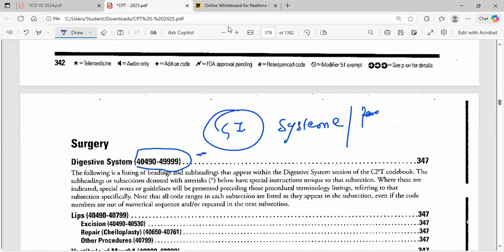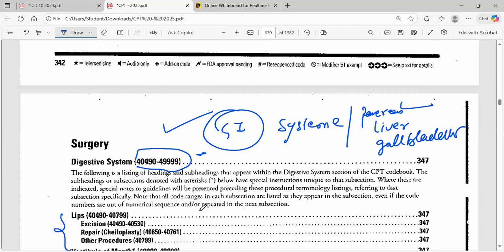So if any procedure is performed on the pancreas, liver, and gallbladder, we are going to find the code from this section only. So for the GI system as well as for the accessory organs, we find the code from this section only. This section begins from the lips and then esophagus, vestibule of mouth, and so on.